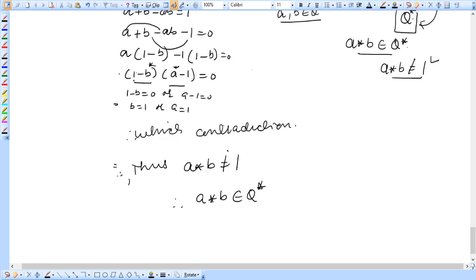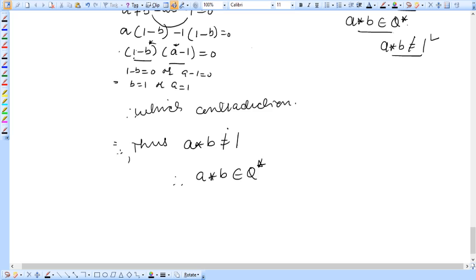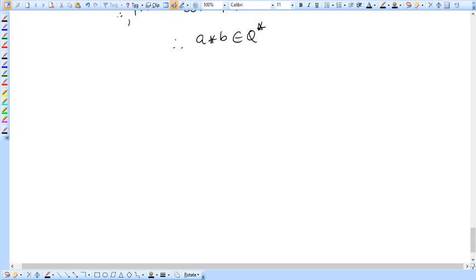Now next property, associative property, property 2, associative property.